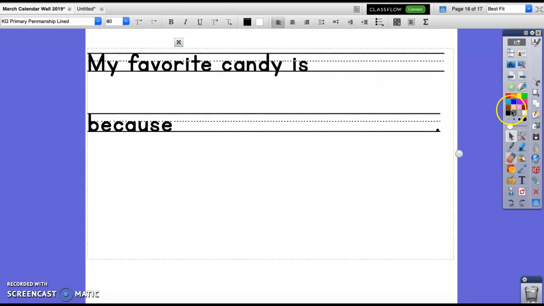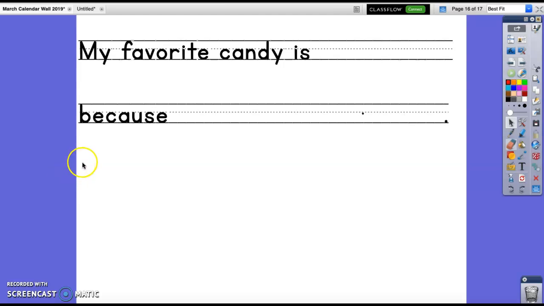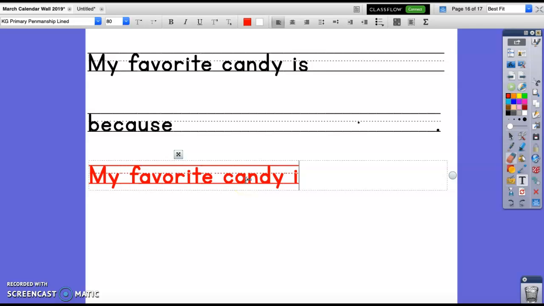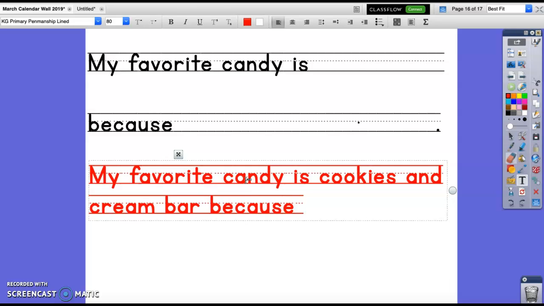So Miss Swink's going to go down here and write her favorite candy. So my favorite candy is, I'm going to say cookies and cream bar, because they are delicious.